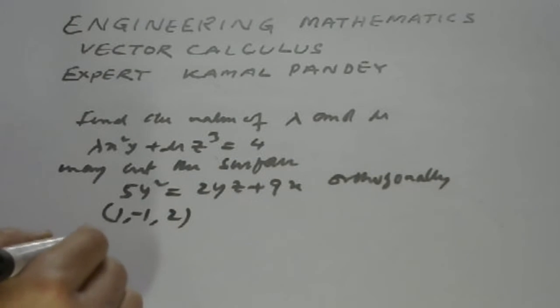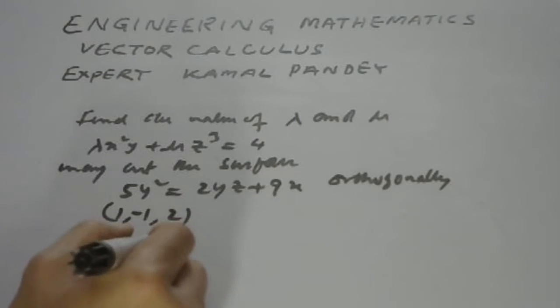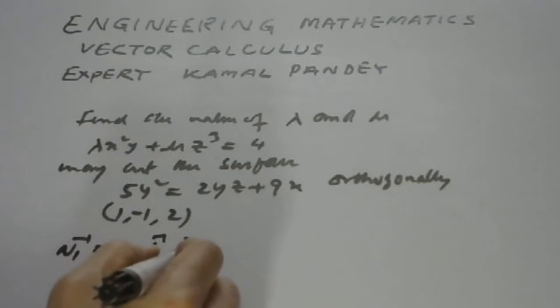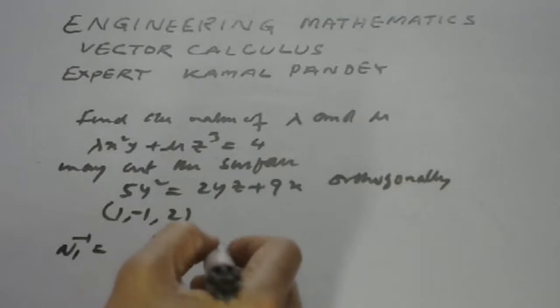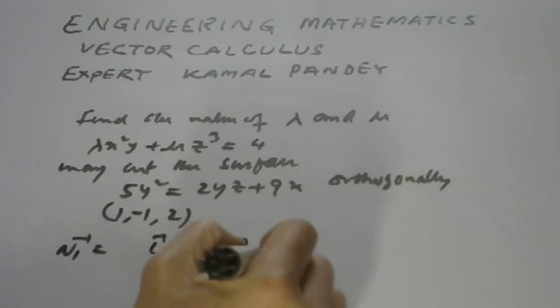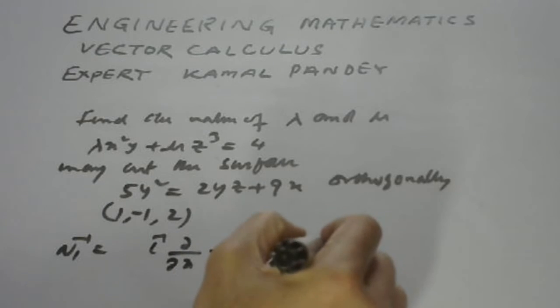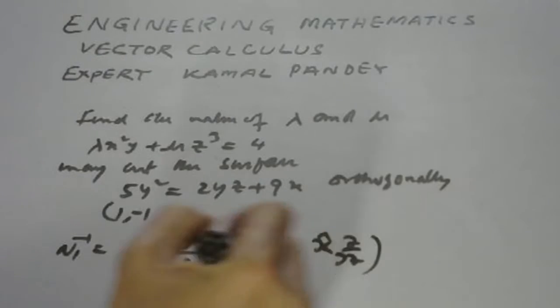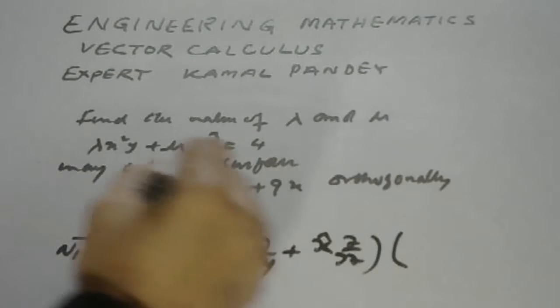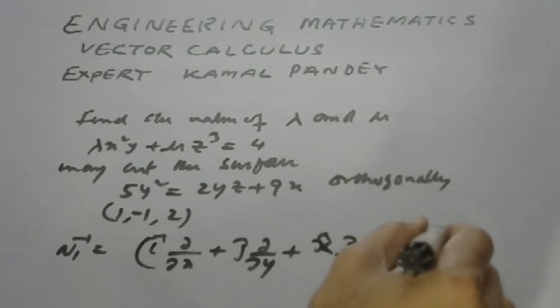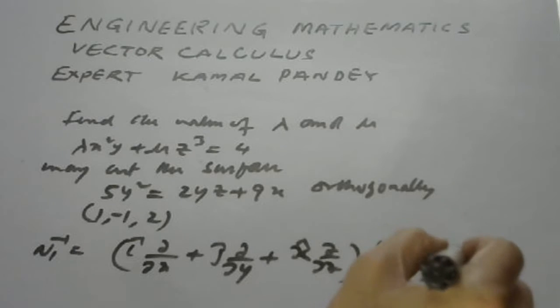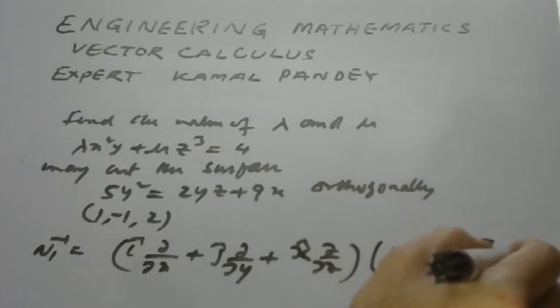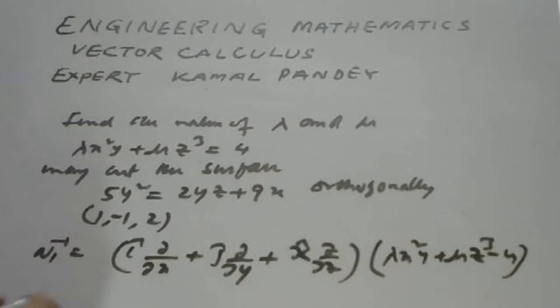We operate the gradient del, i cap del upon del x plus j cap del upon del y plus k cap del upon del z, on phi 1, this is lambda x square y plus mu z cube minus 4.